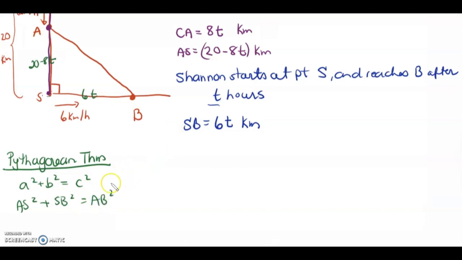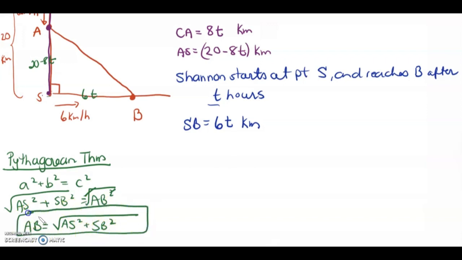But for our actual formula for AB, we're going to root the right-hand side and root the left-hand side. So the formula we're going to use for Pythagorean theorem is AB equals the square root of AS squared plus SB squared. That's kind of like an aside at the side of the paper.